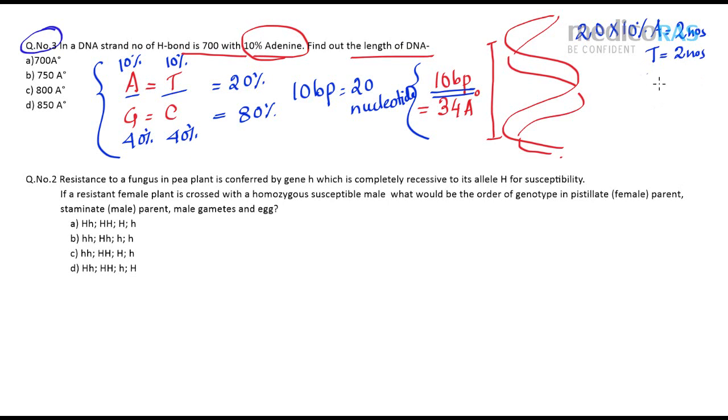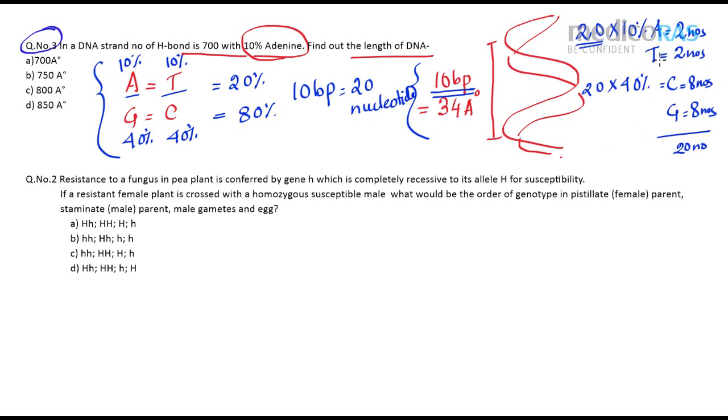That means if it is 20 nucleotides and 10% is given for the adenine and 10% for the thymine, then obviously the remaining 40% will be for cytosine, and that is nothing but 8 numbers. And you can calculate similarly for guanine, it is also 8. Adding everything, you will get 20 nucleotides. That means our calculation is correct till now.